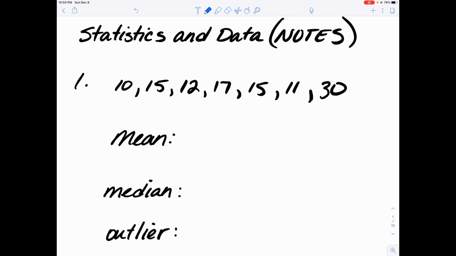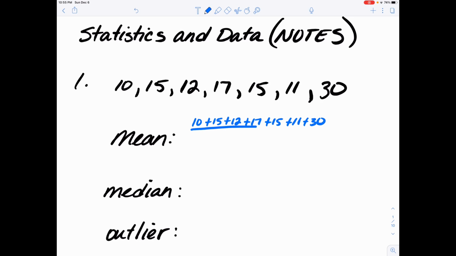The mean is simply when you add up all of the values of your data set and then you divide that total by the number in your data set. So for example, in this case, I would need to add 10 plus 15 plus 12, 17, 15, 11, and 30.